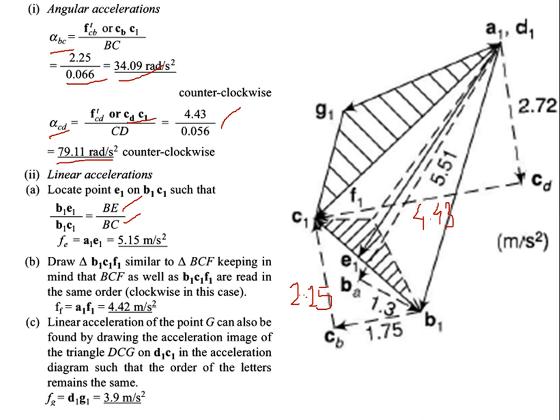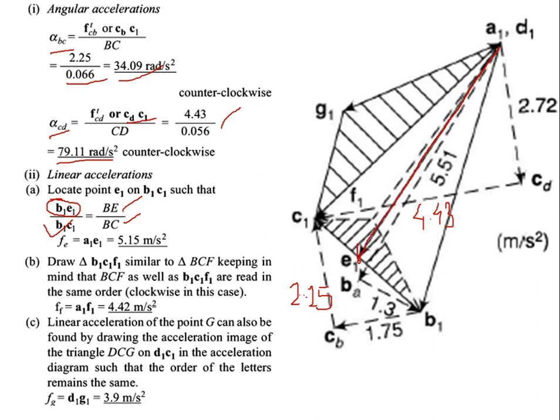B1C1 you have already measured, so you know the value of B1C1. So B1E1 you can measure, and you can mark the point E1 on that. Whatever B1E1 you are getting, you take that point from B1 and then join A1 to E1.